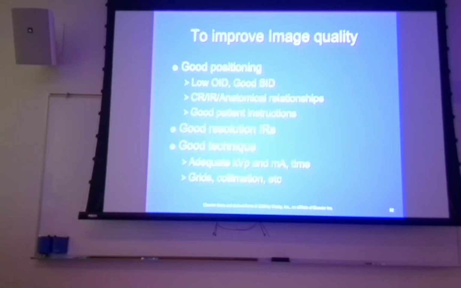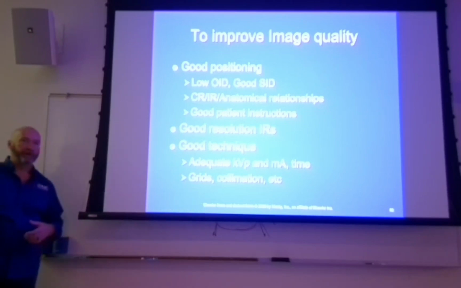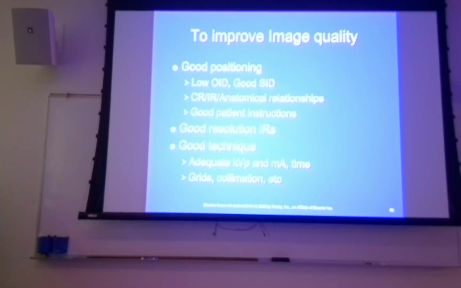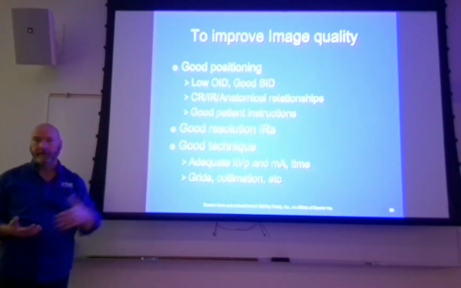So overall image quality: good positioning, low OID, good SID. Make sure that the alignment between your central ray, your image receptor, and your point of interest is as it should be. And sometimes we have to use a central ray angulation.